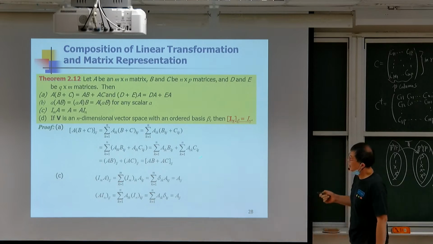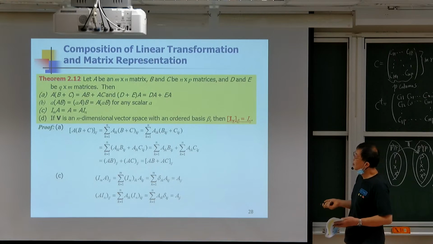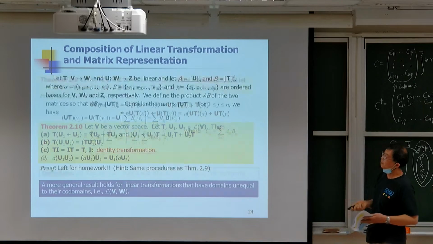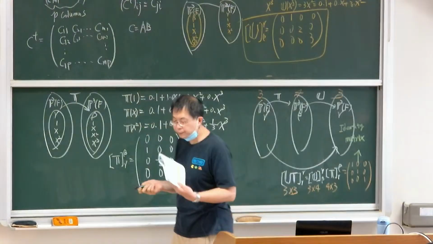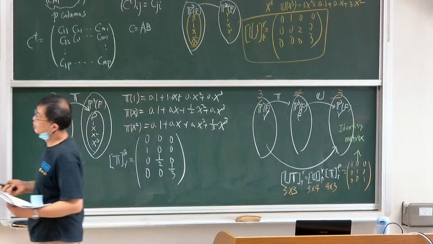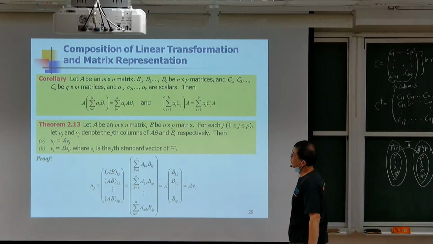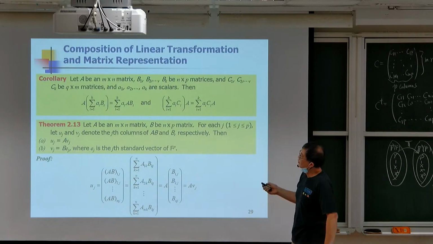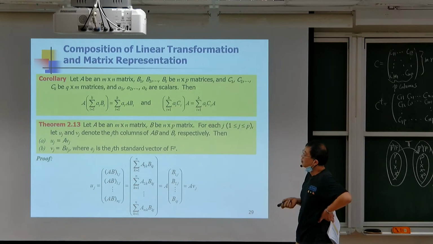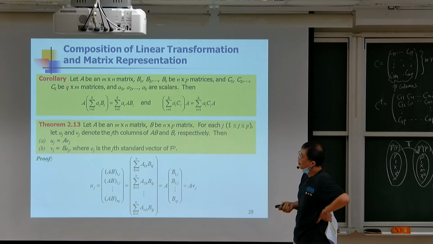So I'm not going to discuss this theorem anymore, because you can easily find it by taking the proof of theorem 2.10. So we will just skip 2.12, and the corollary, same. The corollary says that we can have this product of matrix is a linear transformation.